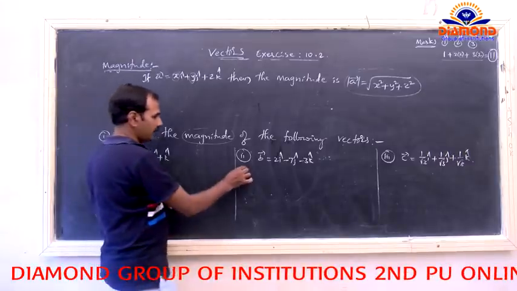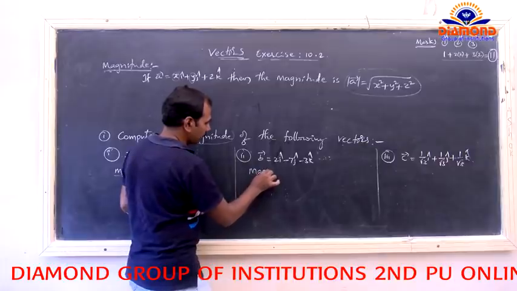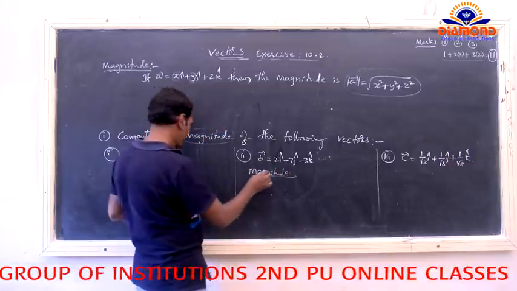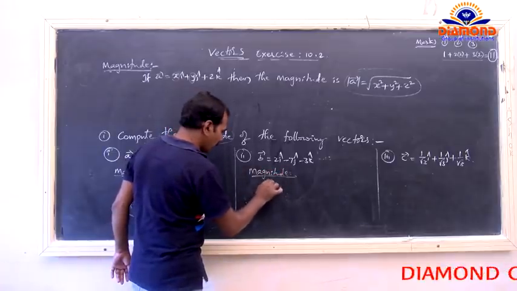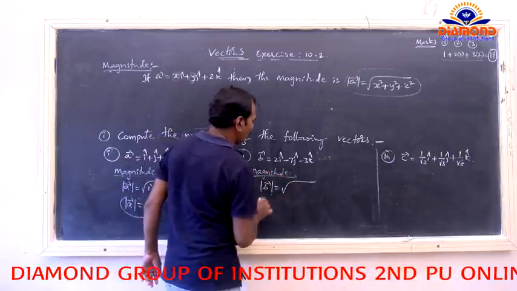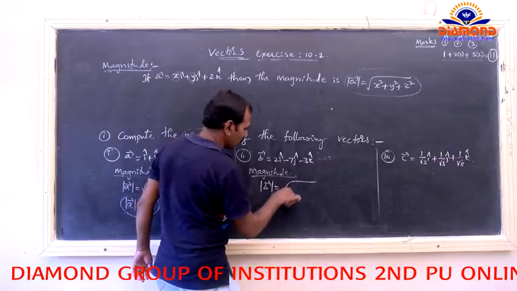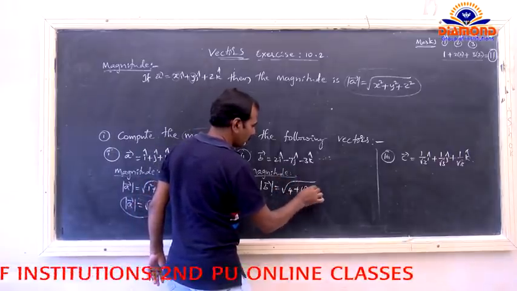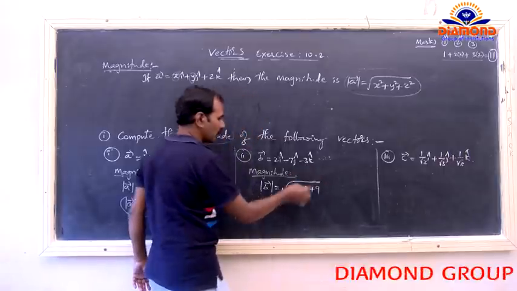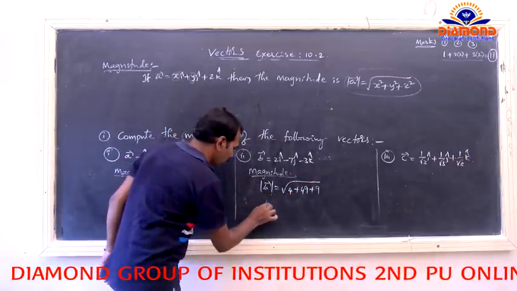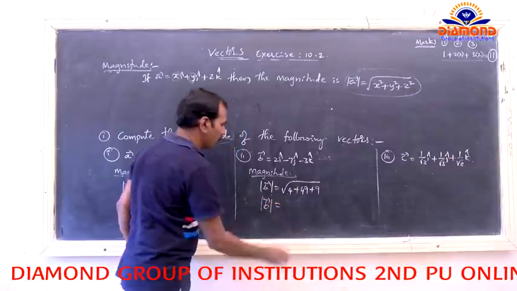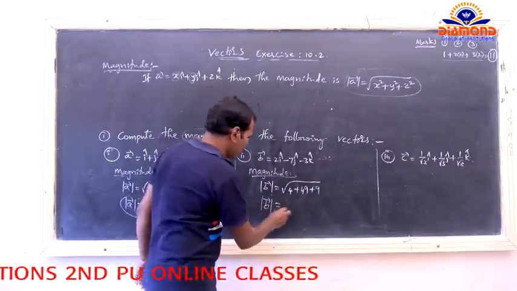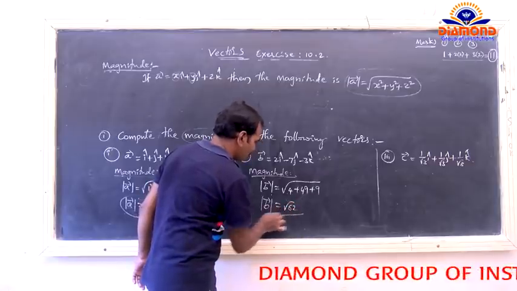Right. Next, magnitude of B equal to square root of i component 2 square means 4, plus 7 square means 49, plus again 9, minus 3 square means plus 9. So magnitude of B equal to square root of 62.